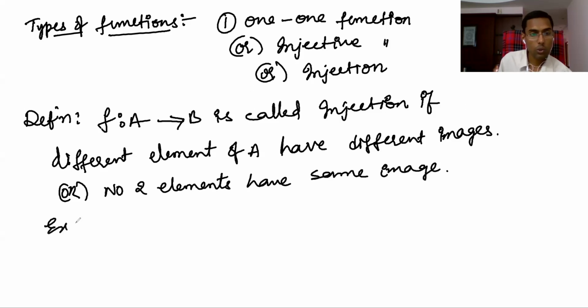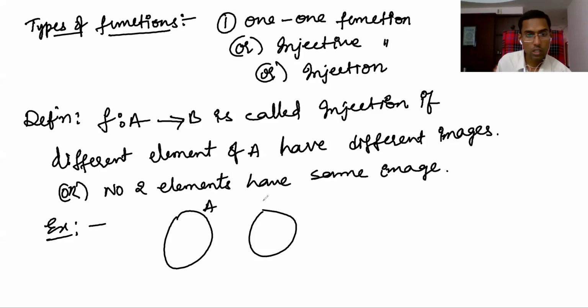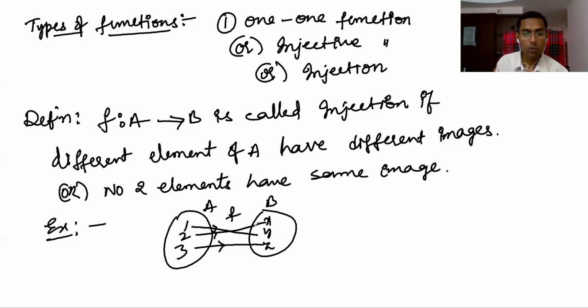So for example, first we'll take a finite function. This is A, this is B, a function from A to B, with elements 1, 2, 3 and x, y, z. Here I think you can understand this is a function. 1 has only one image, 2 has only one image, 3 has only one image. So every element has an image, and only one image. Therefore it's a function.